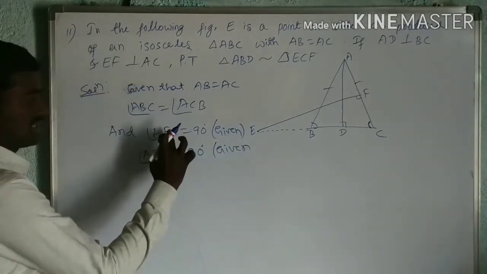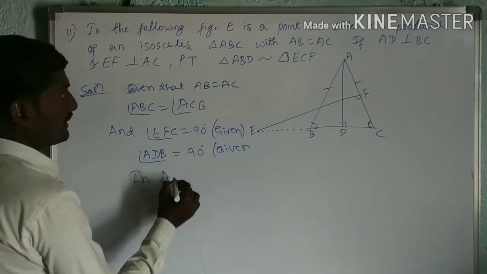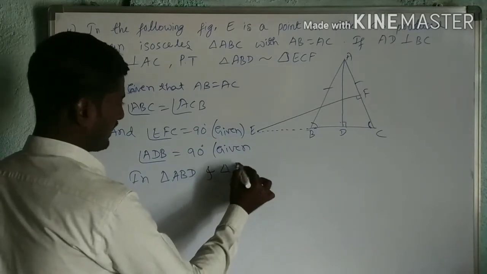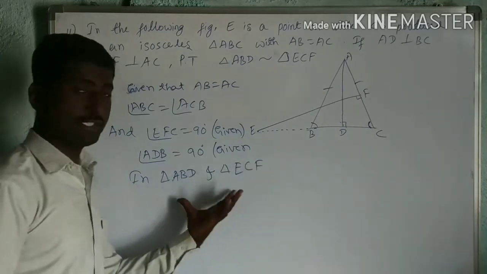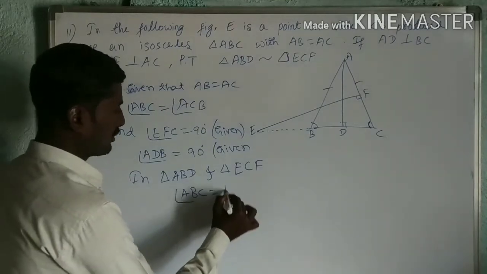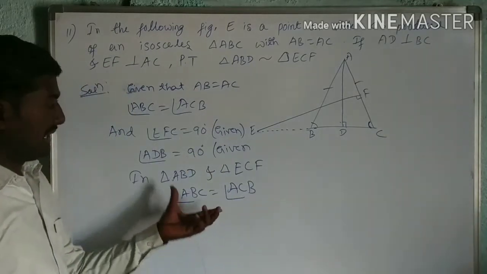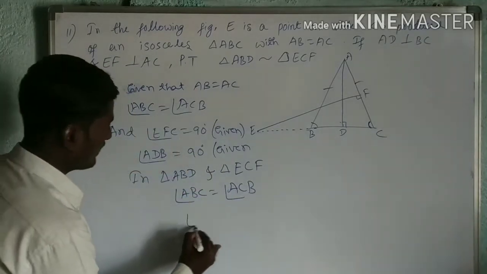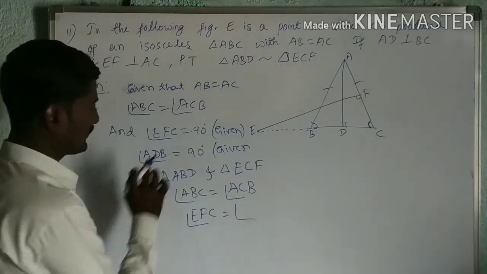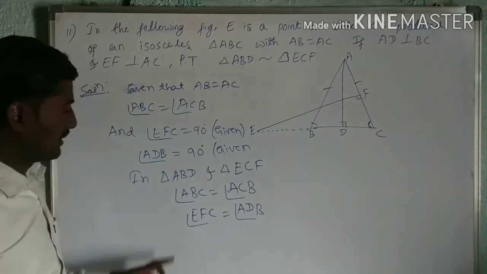Now I got two conditions here. In triangle ABD and triangle ECF, angle ABC is equal to angle ACB, and these two are also equal, that is, angle EFC is equal to angle ADB.